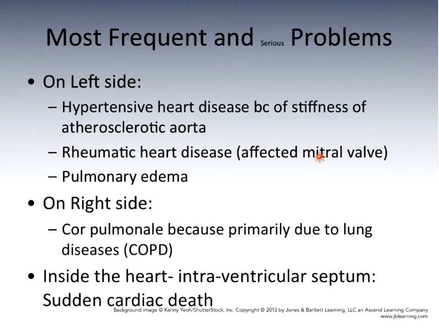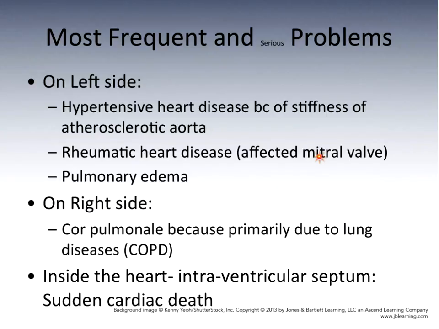So the valve either becomes stiff and narrow, or it becomes incompetent if it becomes too wide, so it can be either. But because of the valve problem, the heart has to work harder. It's just an example of an intrinsic problem of the heart that can affect the rest of the tissue of the heart. And this is on the left side.